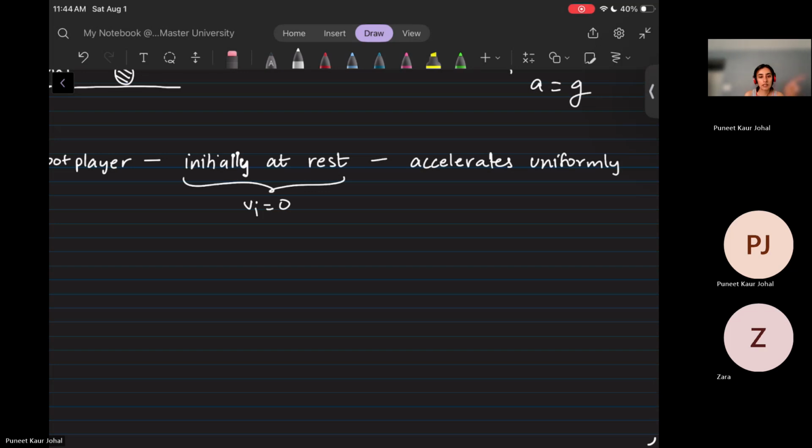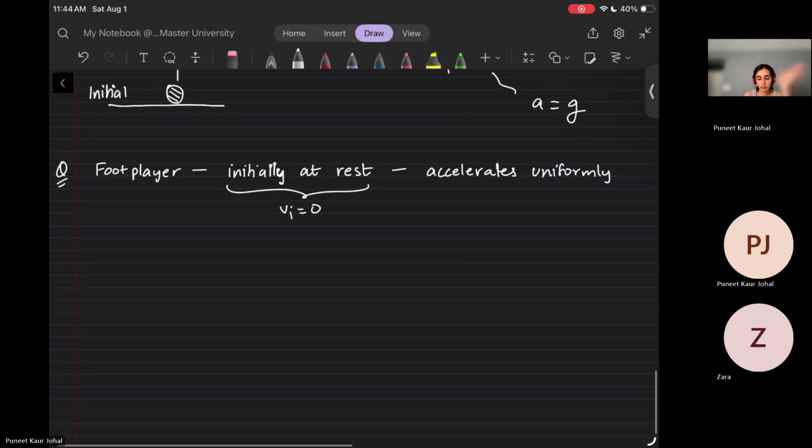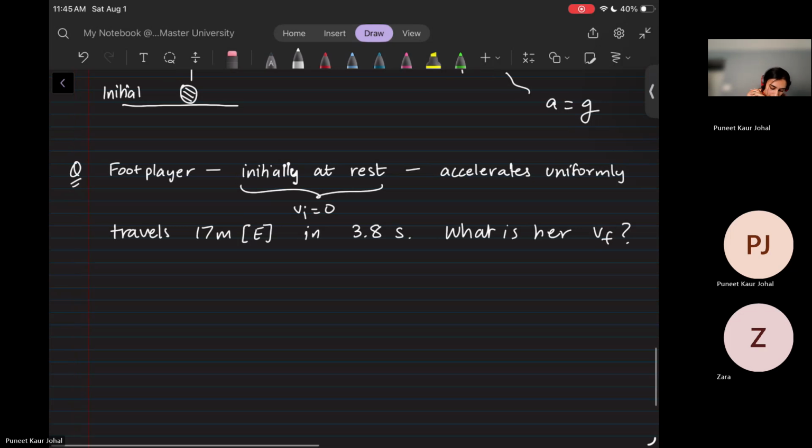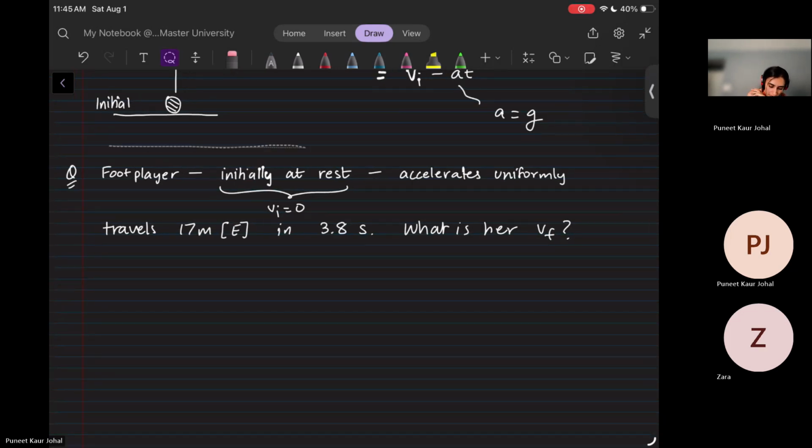And she accelerates uniformly, runs down the field, and when she does that, she travels 17 meters in the east direction, and she does that in 3.8 seconds. And the question is, what is her final velocity?